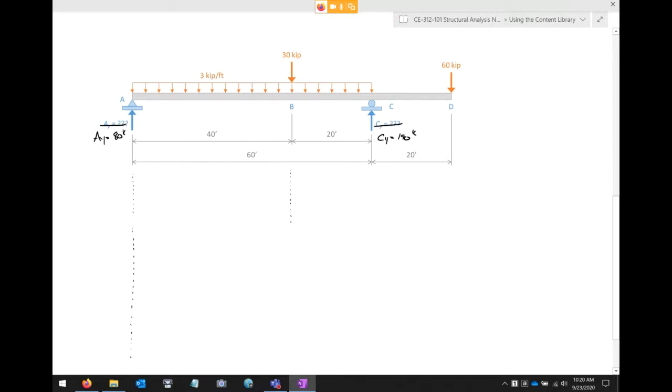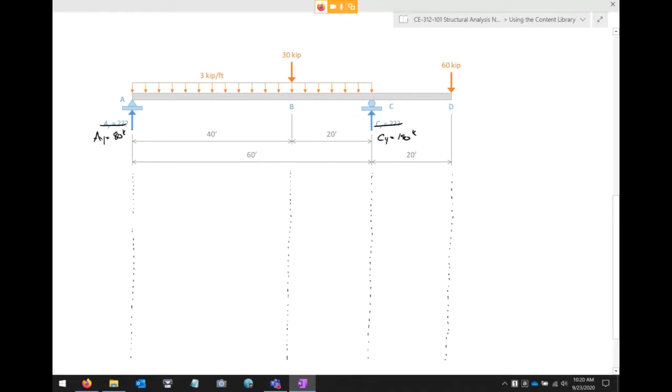What I tend to do is put them on every important point on the structure: all the reactions, the beginning of the beam, the end of the beam, and any point loads on the beam. Sometimes you might even have more lines as you go down from your shear diagram, and you'll see that in a second. Okay, so that's good.